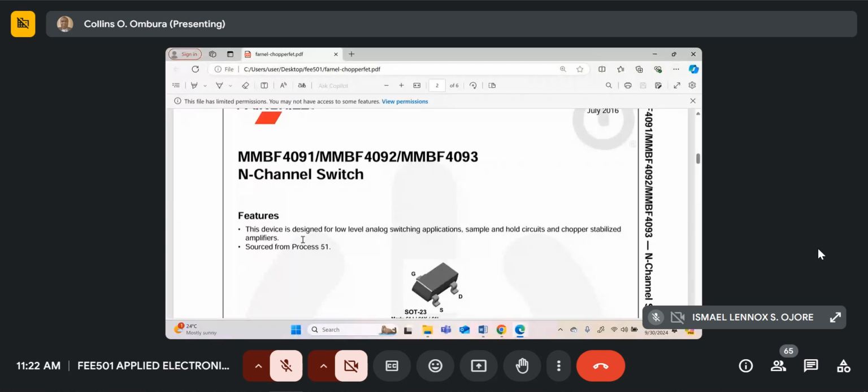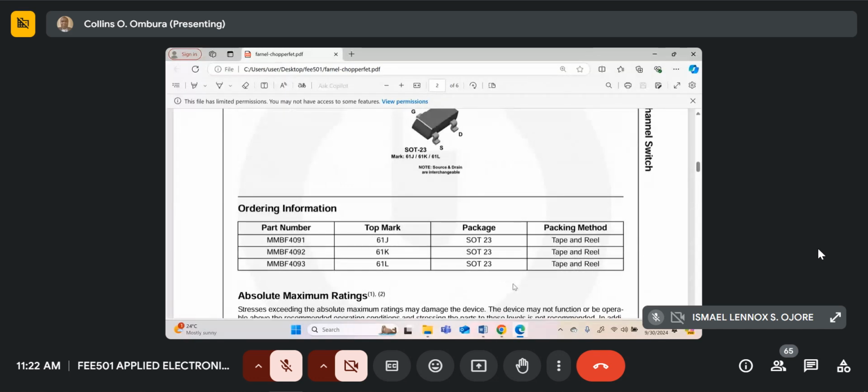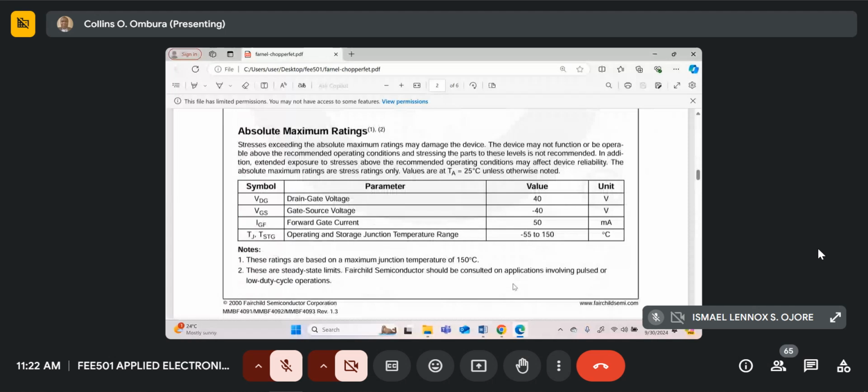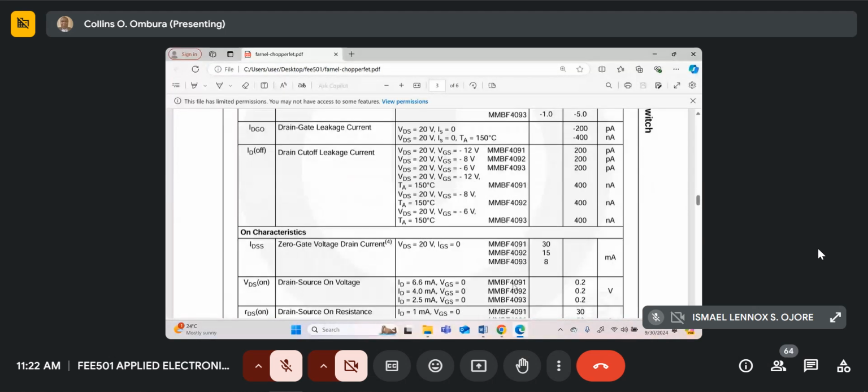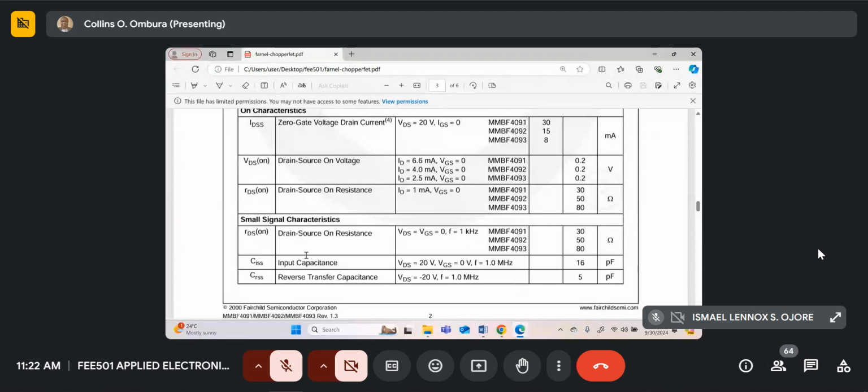Let's look at some parameters given in the data sheet. Look at this, the small signal characteristics, RDS on, the drain source resistance.